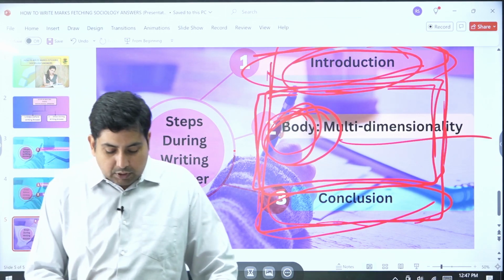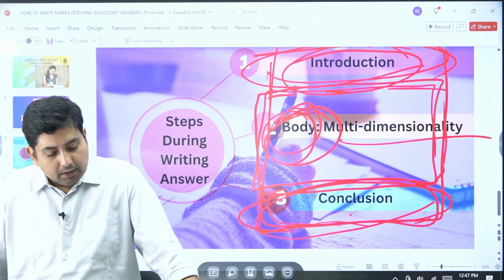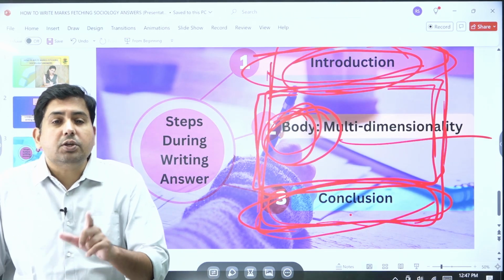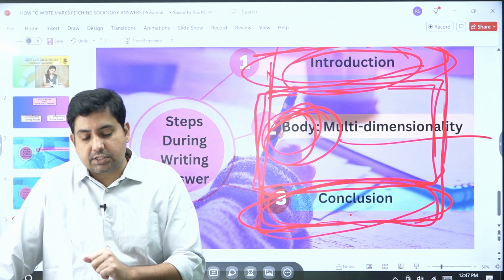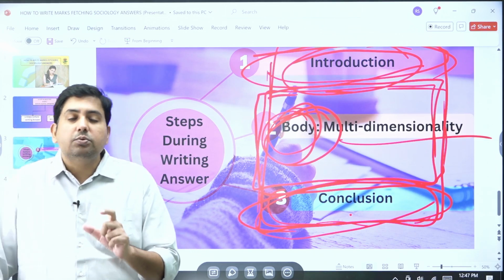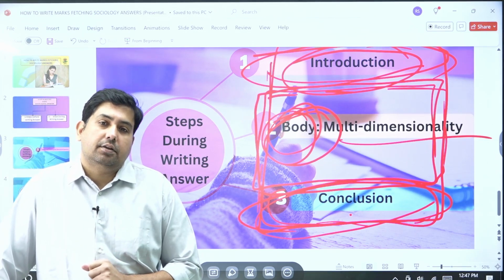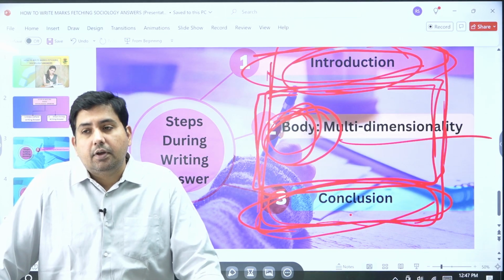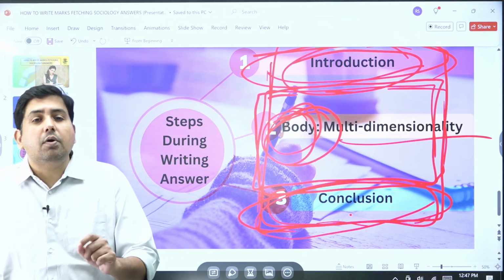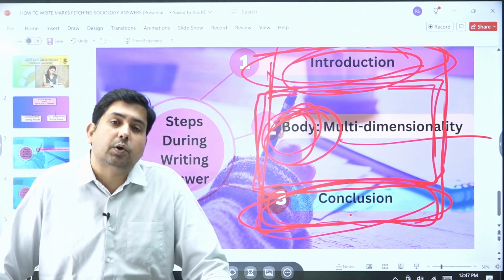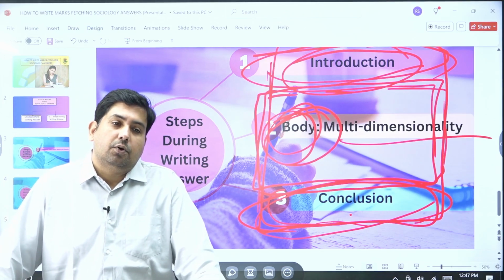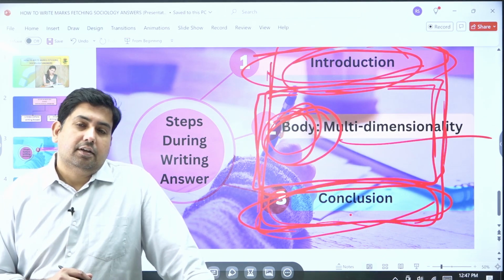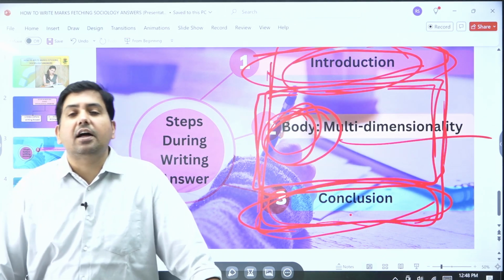Okay, now come to the conclusion. When it comes to conclusion, your conclusion should have a balanced, conclusive ending. And here also no artificial conclusion is required. Whatever you have argued in your answer, summarize that argument in the conclusion.